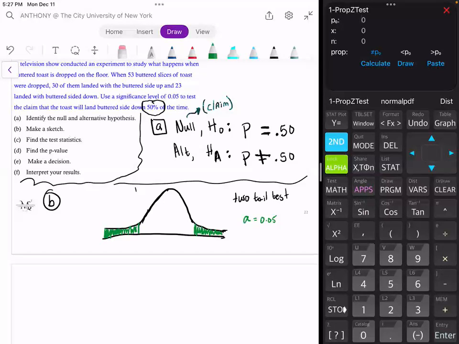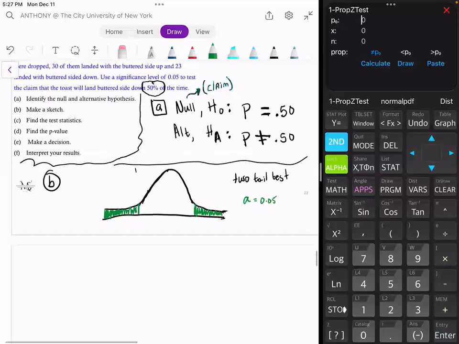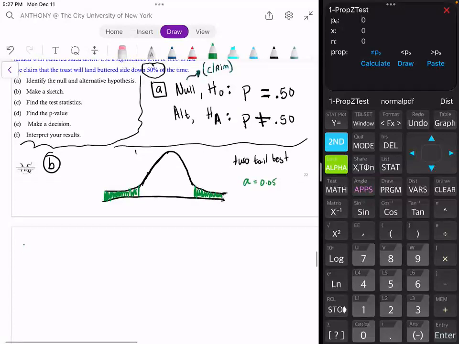All right. Now we're up to parts C and D. For parts C and D, finding the test statistic and the p-value, we can do this in the graphing calculator. For part C, we have to figure out the test statistic. Again, I label this as Z with an underscored word, test, so Z test.